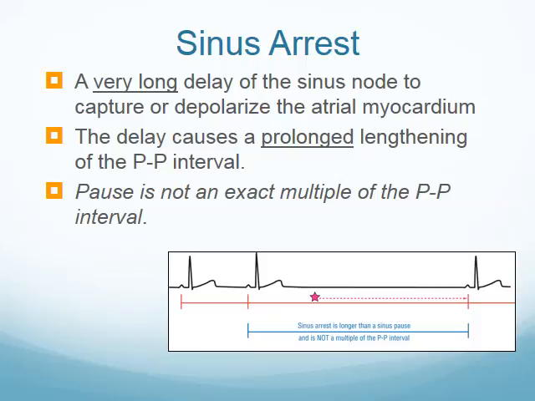Usually they say, if there's a pause greater than 3 to 4 seconds, then it's going to be considered sinus arrest. If the pause is less than that, it's going to be either sinus block or sinus pause, depending on if the P waves march out in the intervals.